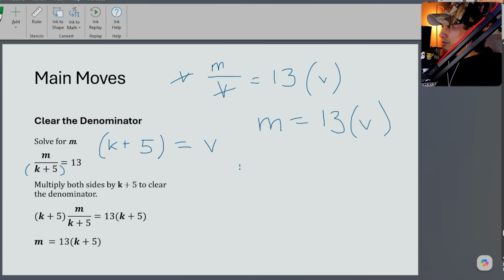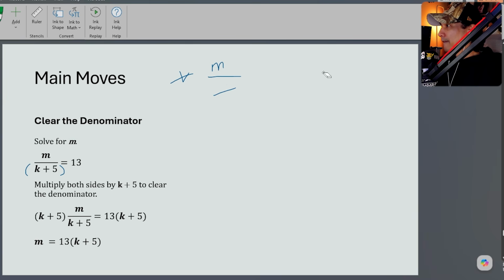And then I could put whatever v equals in the equation, right? And then k plus 5, okay? I just did it the algebra way. Here's the long form way, which is where I'm going to start with m over k plus 5 equals 13.